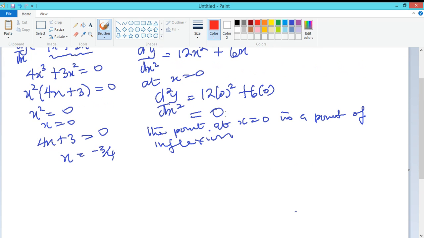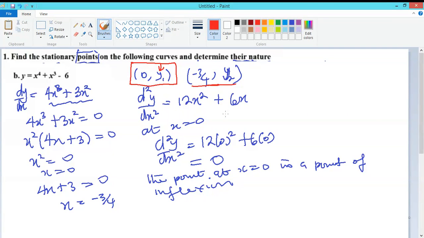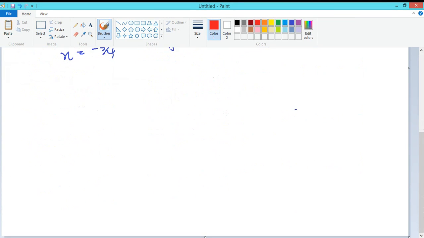Good. We are still using the second derivative, 12x squared plus 6x. So let me write the equation down here: 12x squared plus 6x. We are going to test at x is equal to minus 3 over 4.